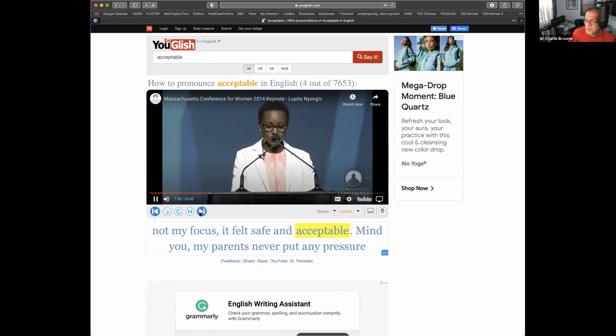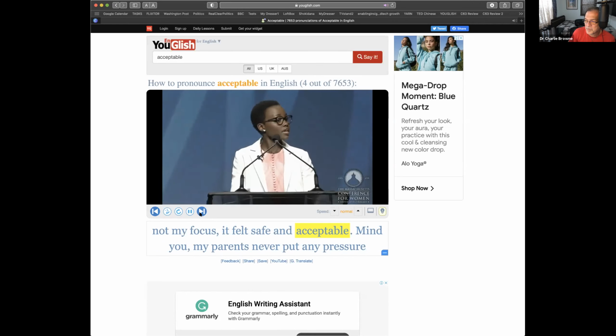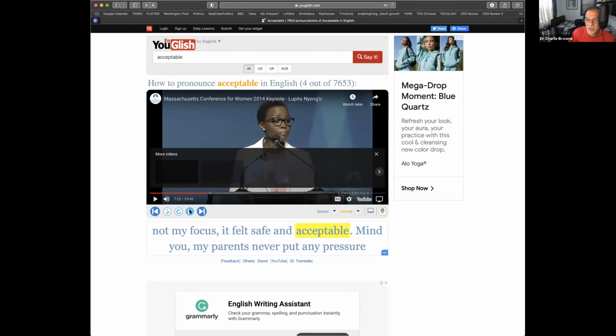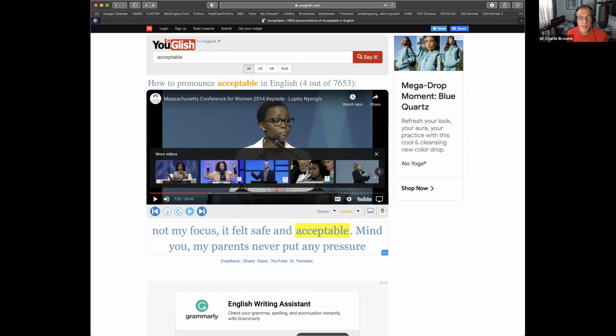And not my focus, it felt safe and acceptable. Okay, so I've just run you through four or five examples, and you can see how they're clipped together, and you can almost effortlessly get multiple examples.